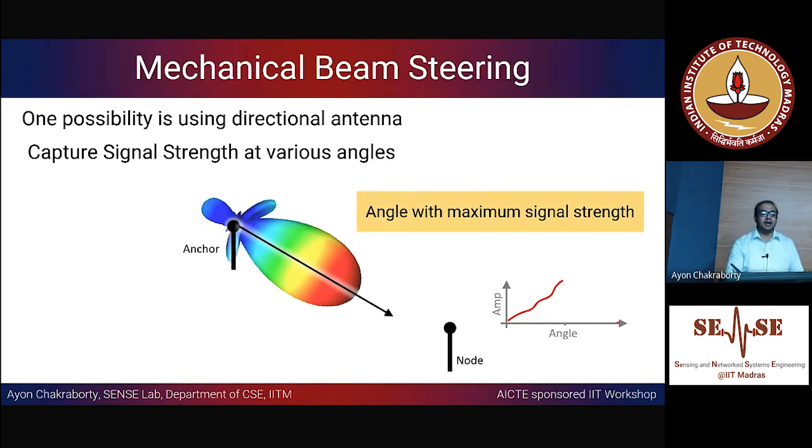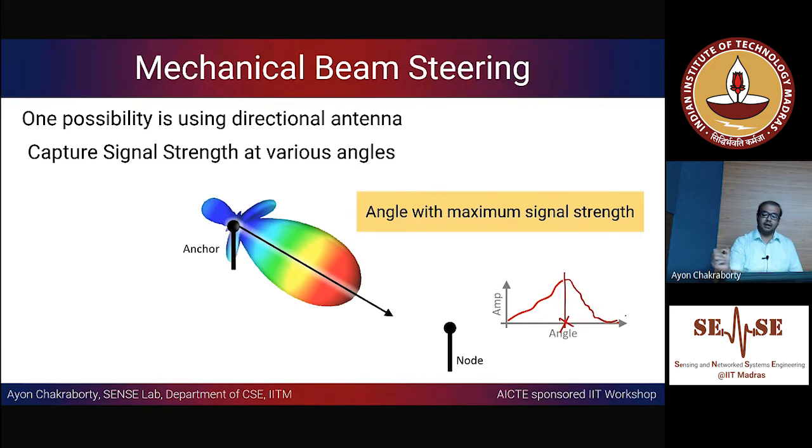So mechanically, as if I have turned the direction of the beam, I am trying to see at what angle it maximizes the received signal strength, and in that way I can find out the angle in between my node and the anchor. Okay, so just remember that is the angle with the maximum signal strength.